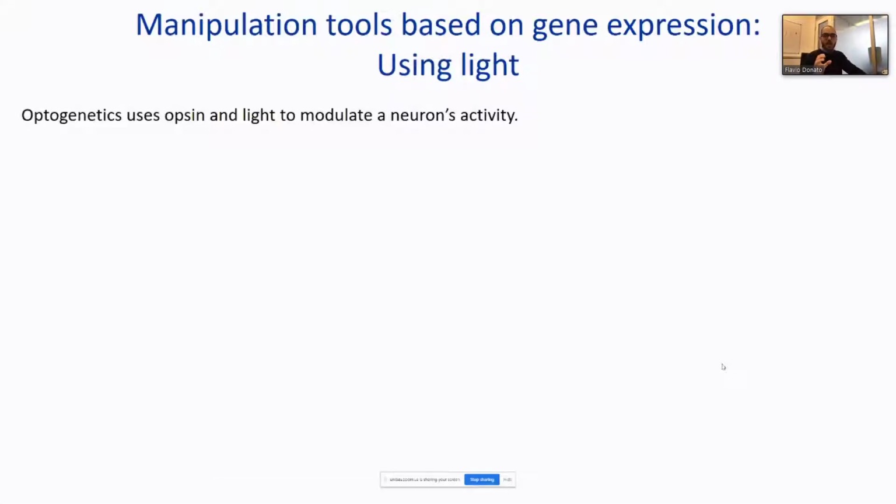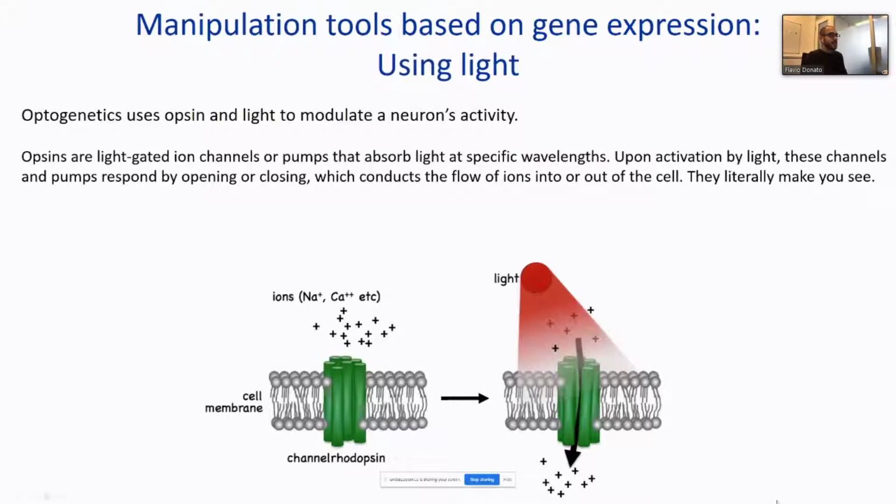So we have talked about photoreceptors in your eyes, right? We have talked about the rods and the cones that are able to pick up light and transform light into an electrical signal. And when we saw this on Tuesday, I think, we also discussed that these neurons were able to sense light because they have proteins in their membrane that are excited by light and induce a conformational change or the activation of the protein that in last instance results in opening of a channel and depolarization or hyperpolarization of the membrane.